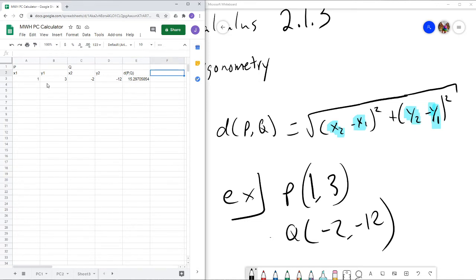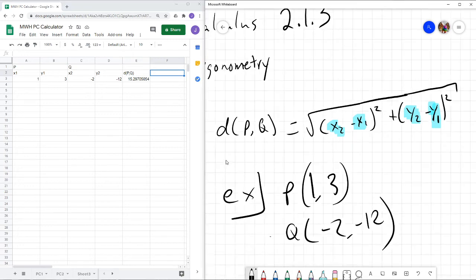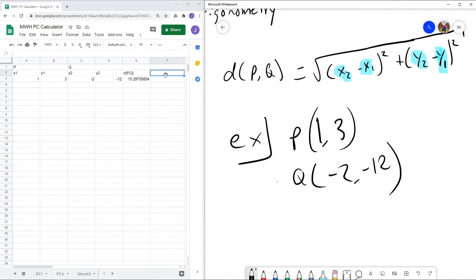Now, usually your distance doesn't have a nice value, doesn't come out evenly. That's what we see here with the square root. So if you were wondering, well, what is this supposed to be inside the square root? I can hit equals. If I click on this and square it, I can see what the original value before it got square rooted was.